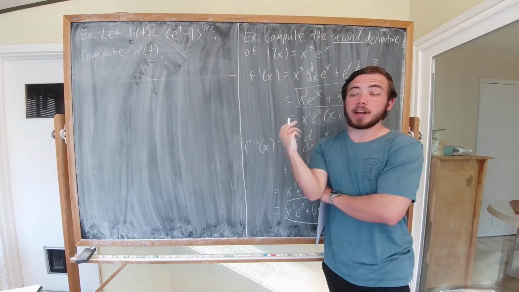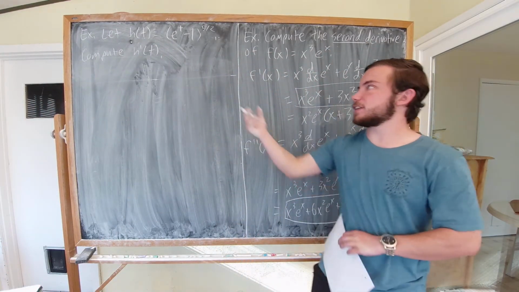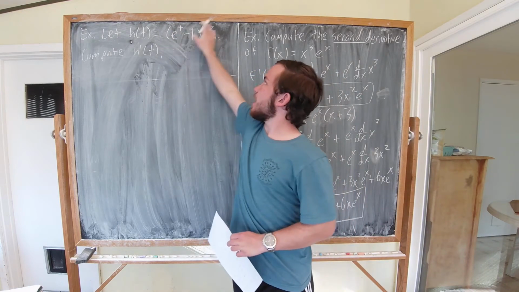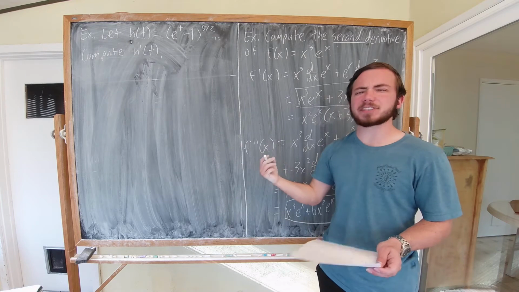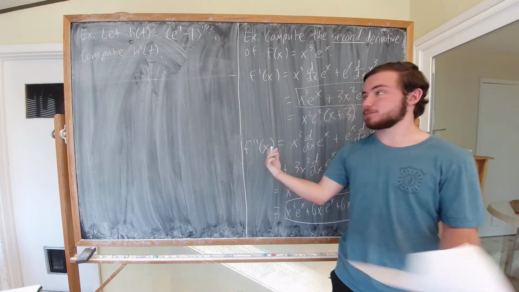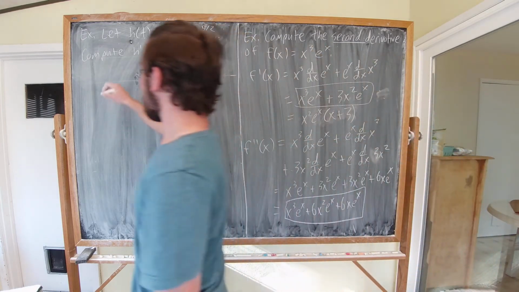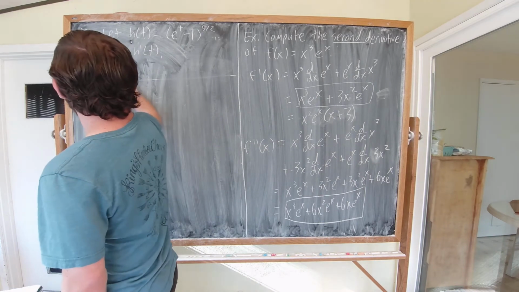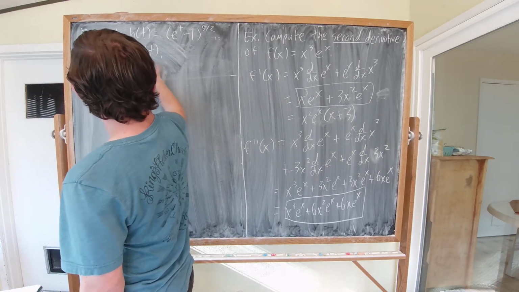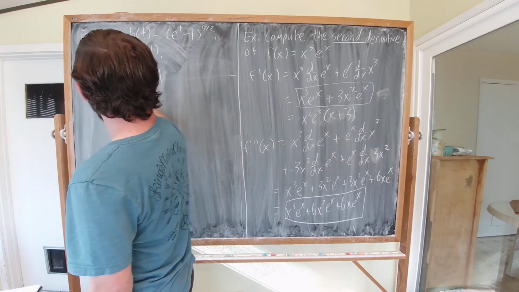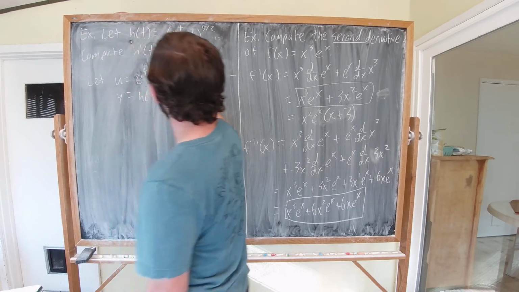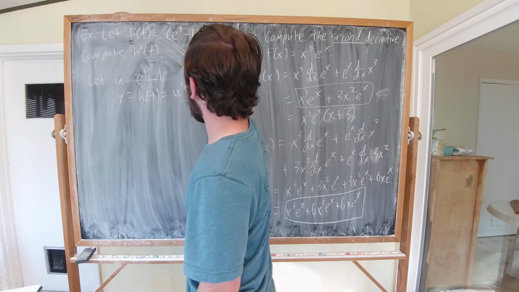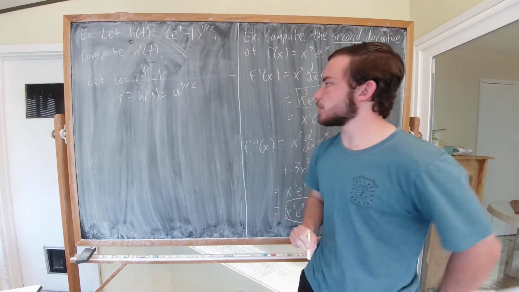Examining this, we see there's a pretty clear inside and outside portion, which means we probably have a setup that would use the chain rule. So, what are we going to do? We're going to let u equal e to the t minus 1 and y equal h of t, which in this case would be u to the 5 halves power.